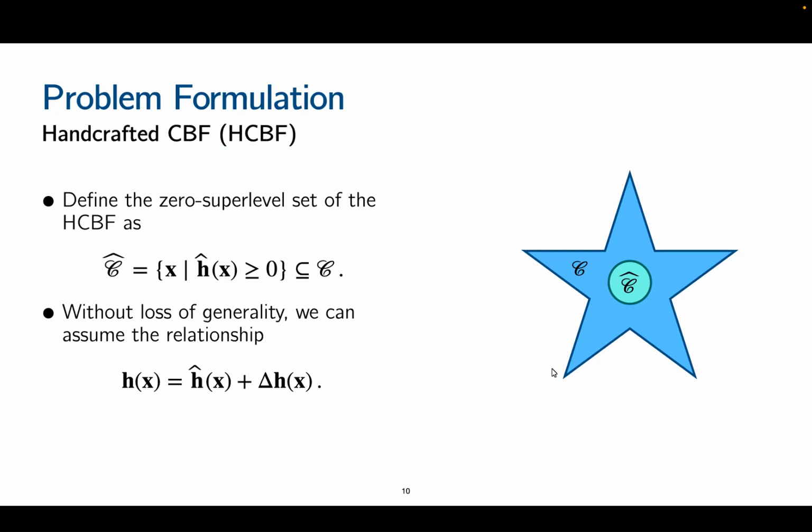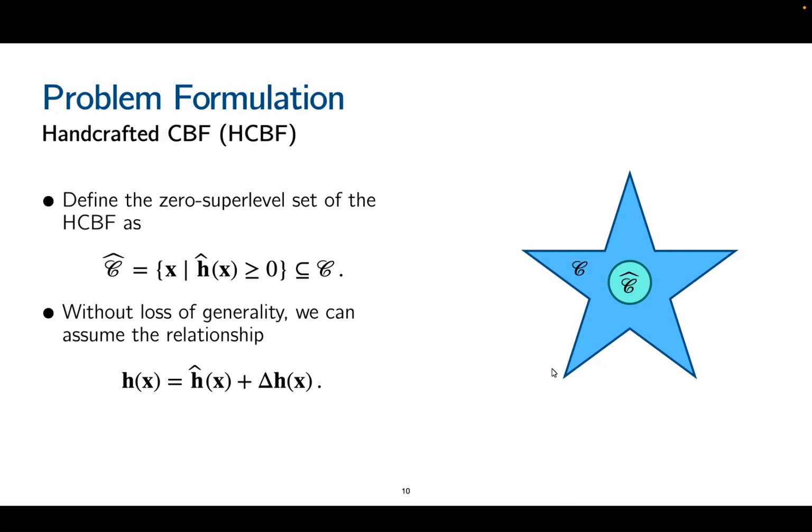We call these handcrafted CBFs HCBFs, and we denote them using a hat, h hat, and we also define the zero superlevel set of a handcrafted CBF as C hat, which is usually a subset of the true safe set C. And without loss of generality, we can assume the relationship h(x) is equal to the handcrafted CBF h hat plus an error delta h.